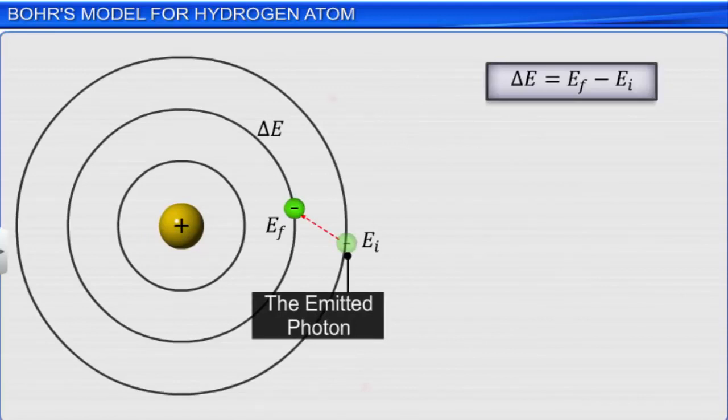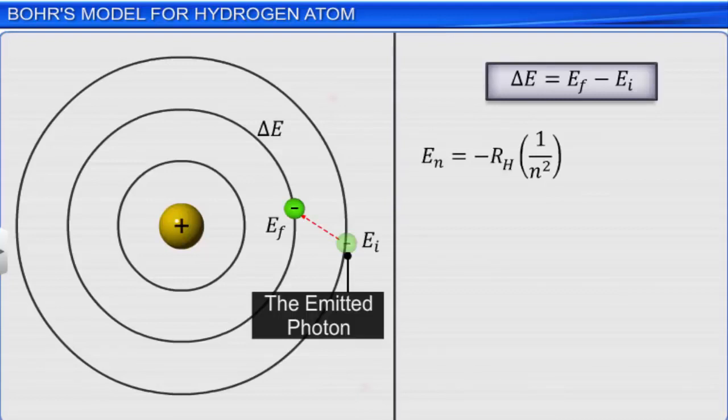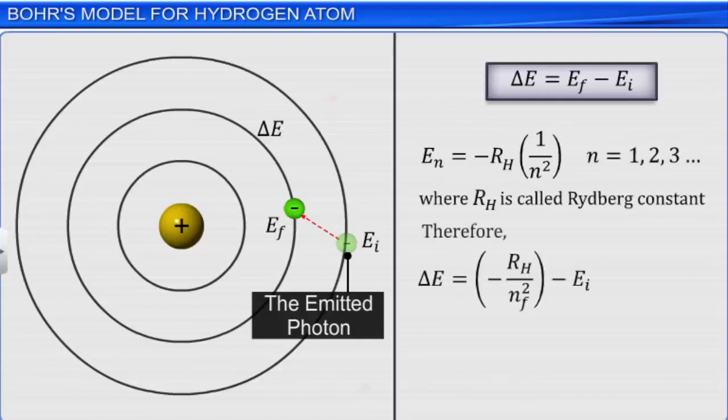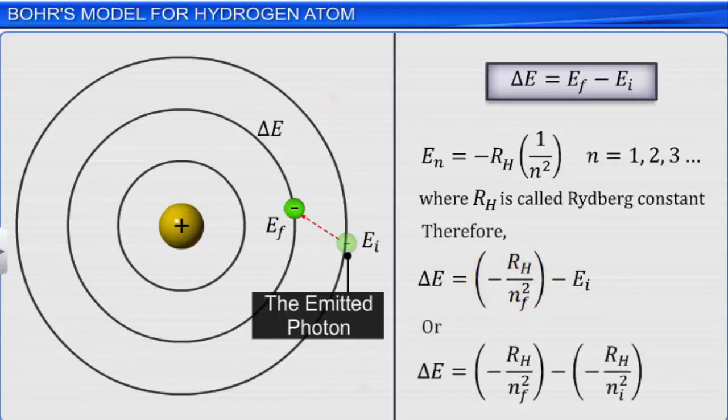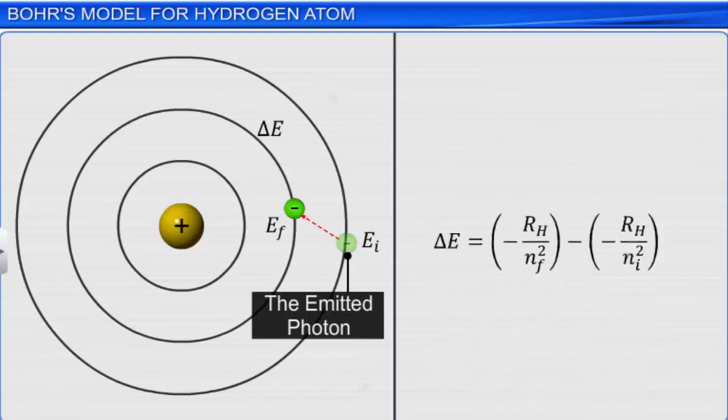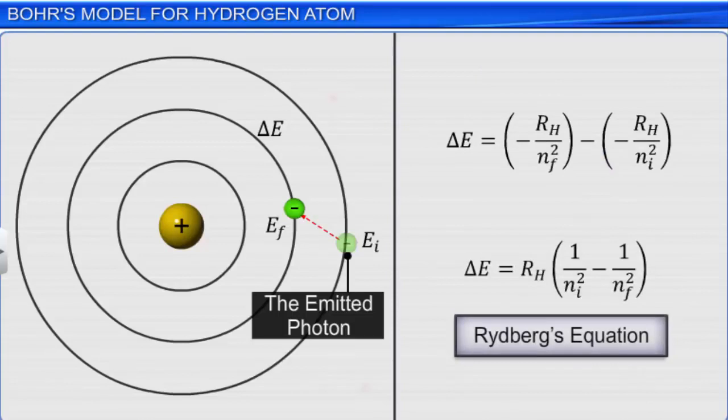Since the energy of a stationary state is given by the equation En equals minus Rydberg's constant multiplied by 1 divided by n square, we can substitute E final in the energy change equation by minus RH divided by n final square, and E initial by minus RH divided by n initial square, to get an equation similar to the expression used by Rydberg.